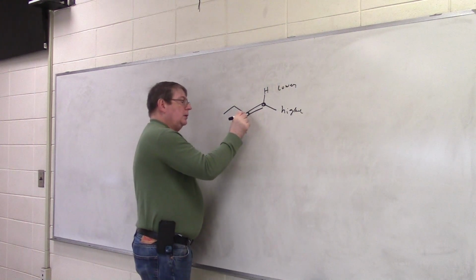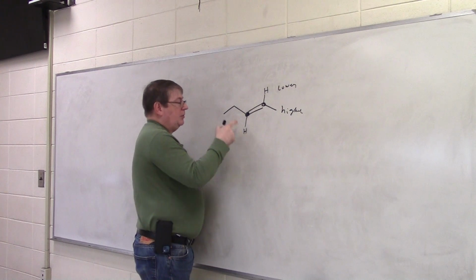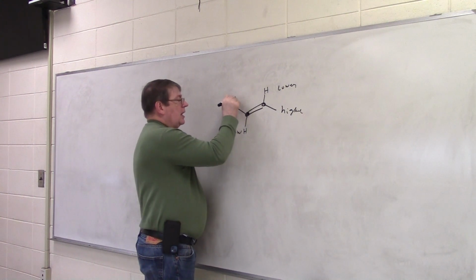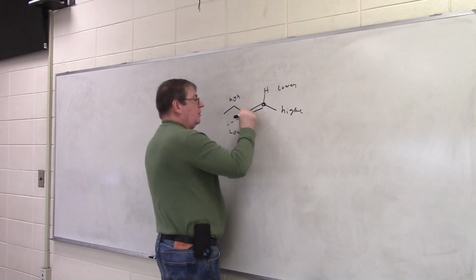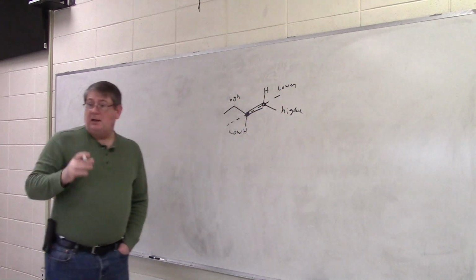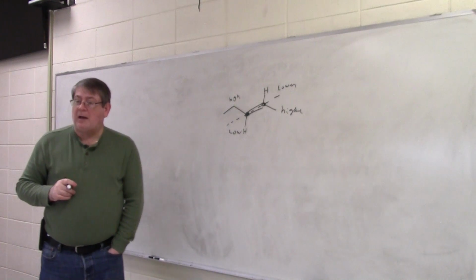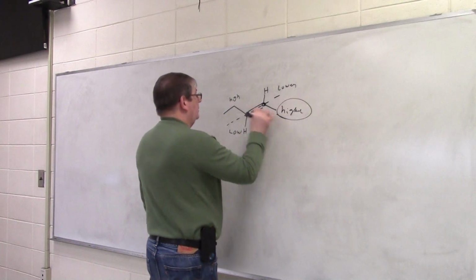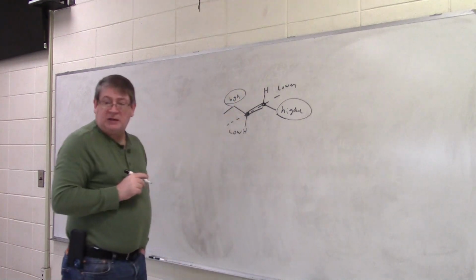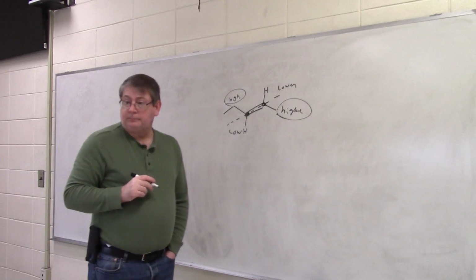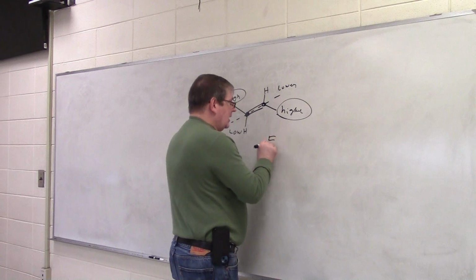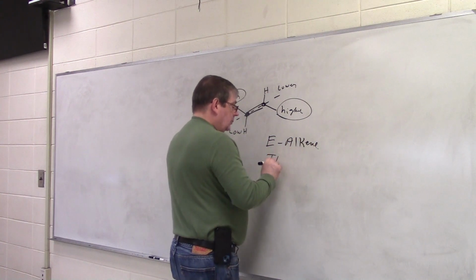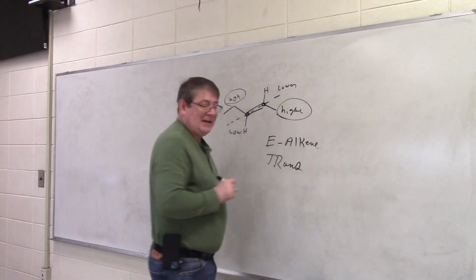Now I look at this carbon, and I do the same thing. It's got a carbon, it's got a hydrogen, so this is low, this is high in terms of priority. Now I just look at the plane of the double bond and I ask myself, where are my high priority groups? High, high are on opposite sides, so this is E. This is an E alkene, or we can also call it trans, a trans alkene.